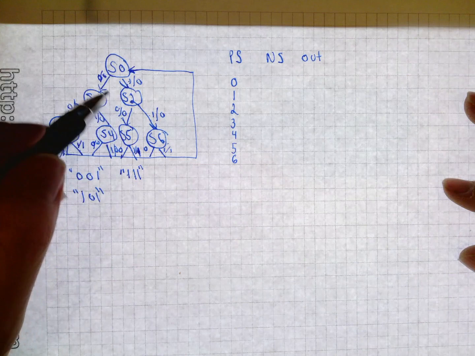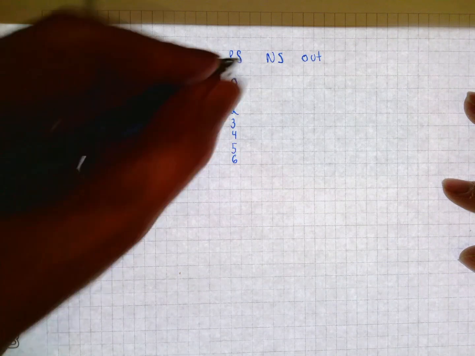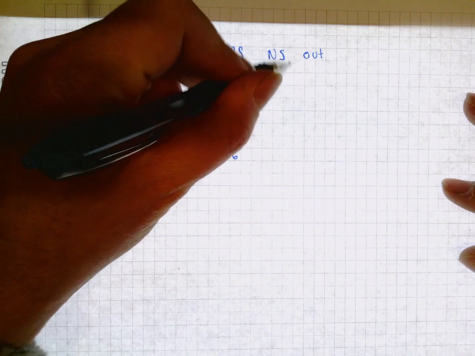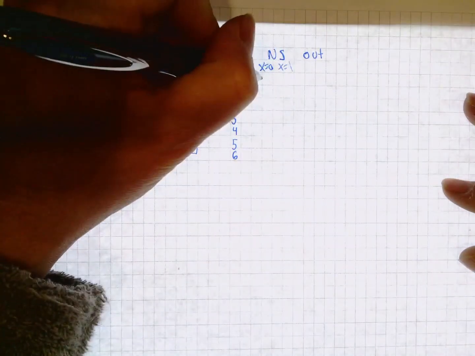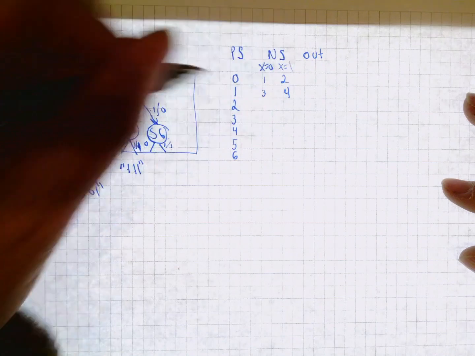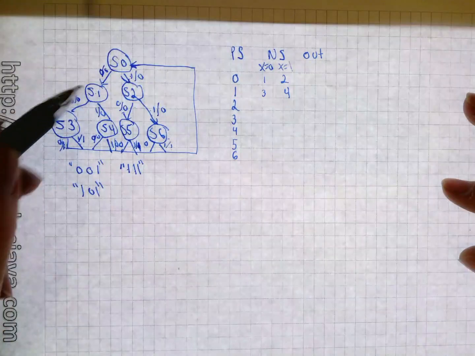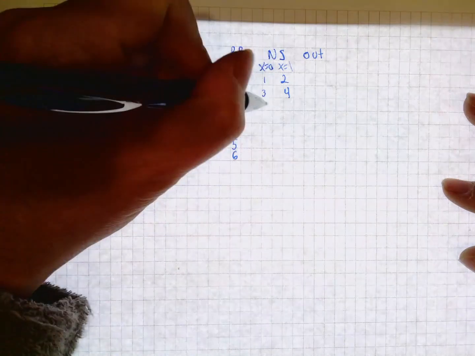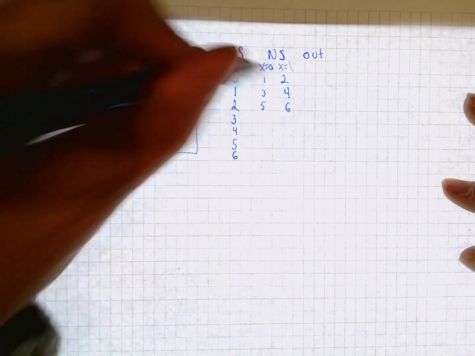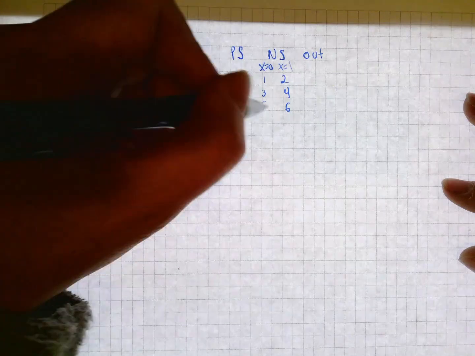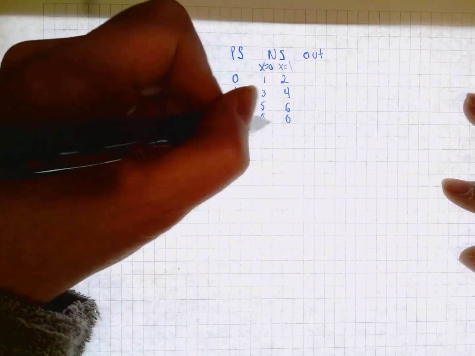For next states, if you are looking at x equal 0 or x equal 1, it'll be 1, 2, 3, 4. Right, so if you're in state 1, it could be 3 or 4. If you're in state 2, it could be 5 or 6. If you're in state 3, the next state will be 0, no matter what.